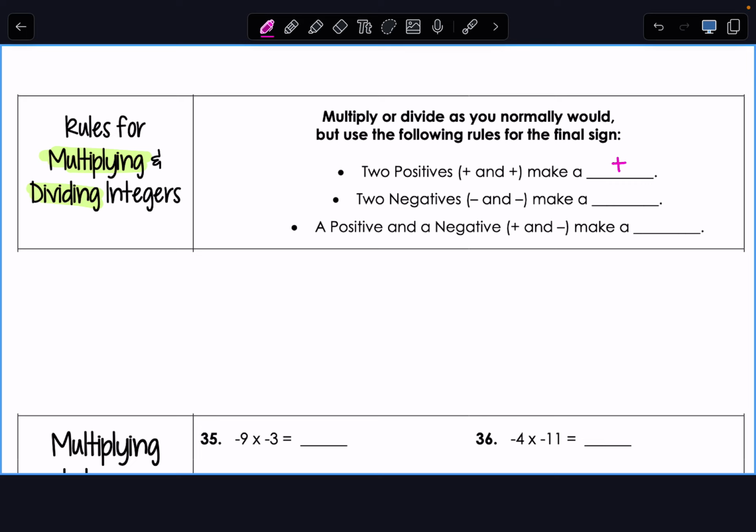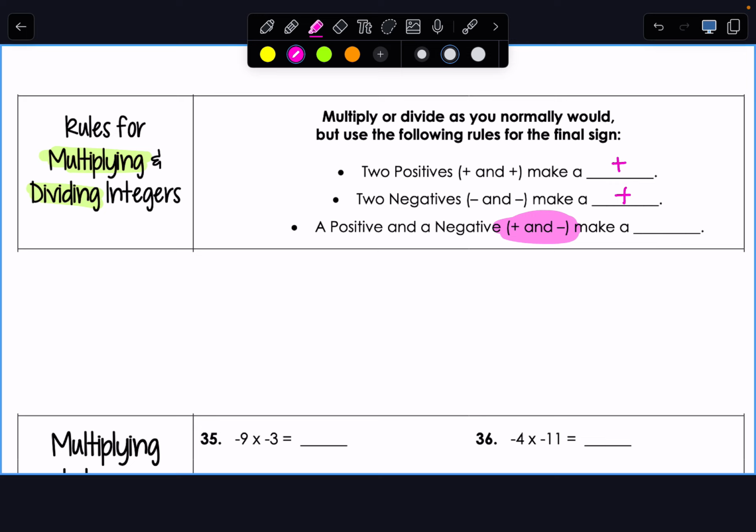If we multiply two negatives together, a negative times a negative makes a what? Makes a positive. Okay. But then we could have one negative, one positive. What kind of number is that going to make?